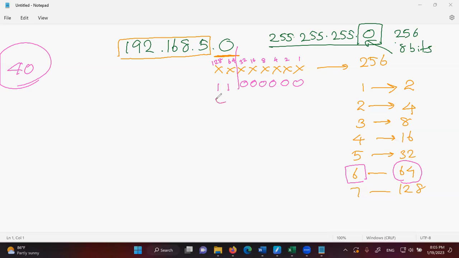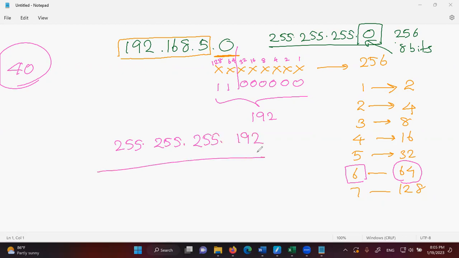So then the decimal number for this one will be 192. So the new subnet mask for this segment will be 255.192 will be the new subnet mask.